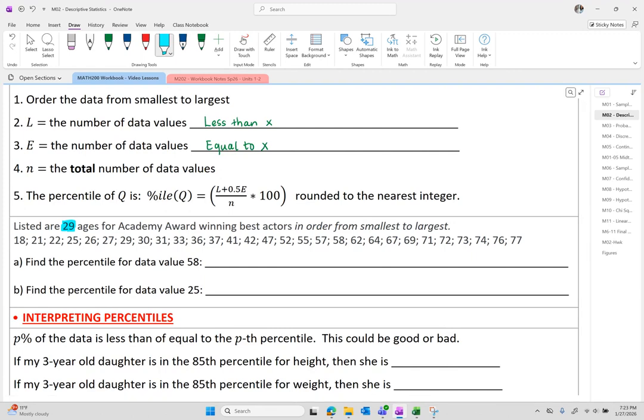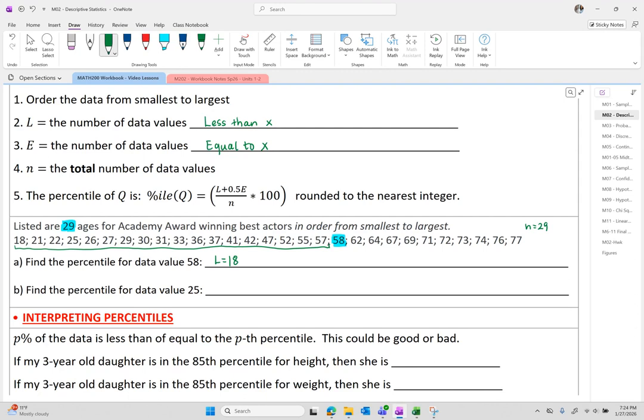And if they want us to find the percentile for the data value 58, then remember here that I will have n equal to 29. I'm looking for the value of L. L is the number of data values that are less than 58. So all of these, how many are they? So I'm going to count them, and when I count them, they are 18.